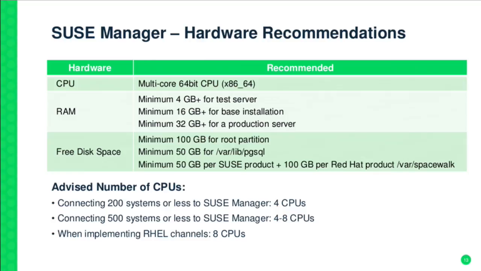It will pull patches, and then it will integrate those patches into the SUSE Manager database. And the more RAM you have in that stage, the faster the process will be. But after that point, you don't need that much RAM. The channel synchronization phase is the most RAM intensive part of the whole thing.